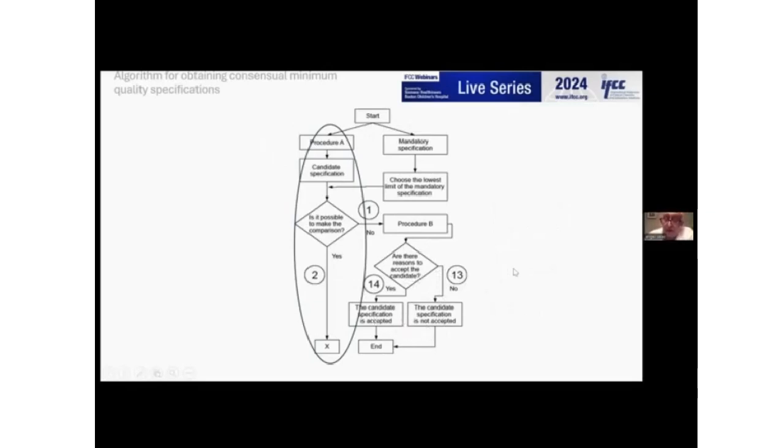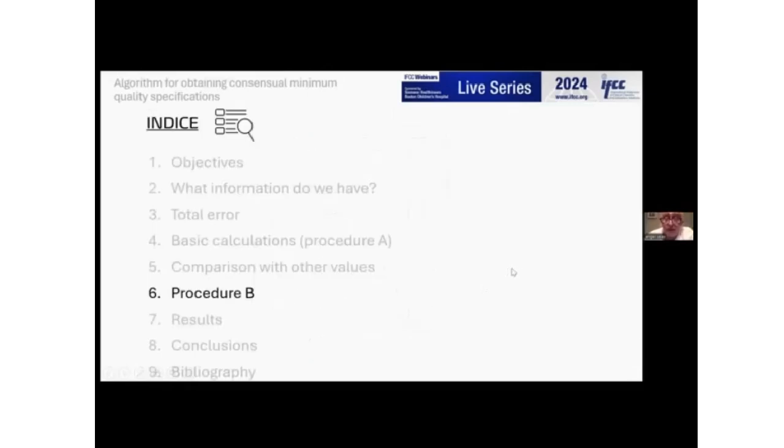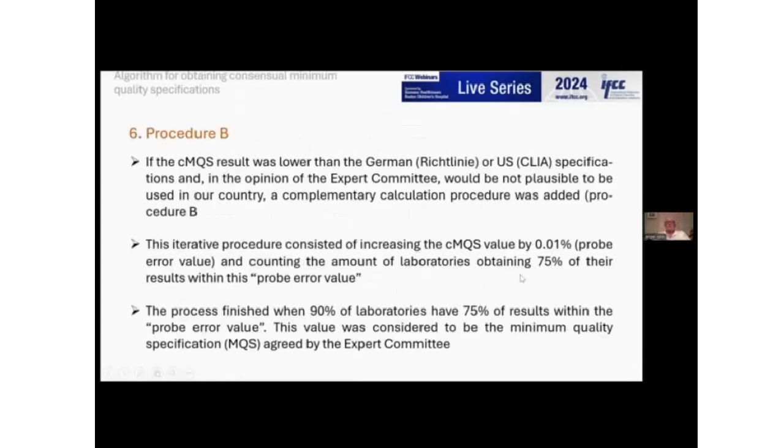With this value, we then check how many laboratories have 75% of their results meeting this error value specification. If the number of laboratories is less than 90%, what do we do? We increment the error value test by another 0.01%. We keep doing this. It's explained here so you can see a bit.